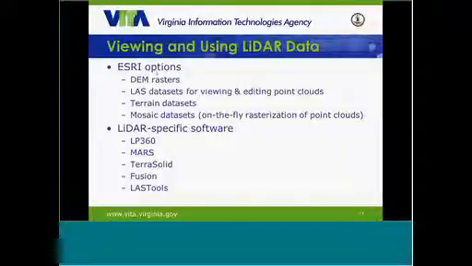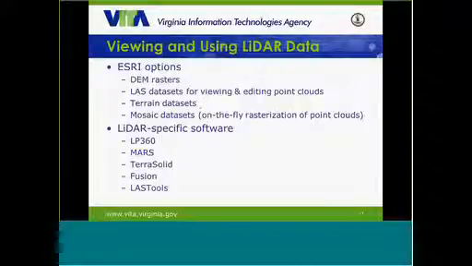I went through some in Esri, which is the DEM rasters. The way to handle the LAS tiles, you can look at those individually, but if you have a large project area, we typically get those delivered in 5,000 by 5,000 foot tiles. So if you want to look at a larger area, you want to put them into a LAS dataset.